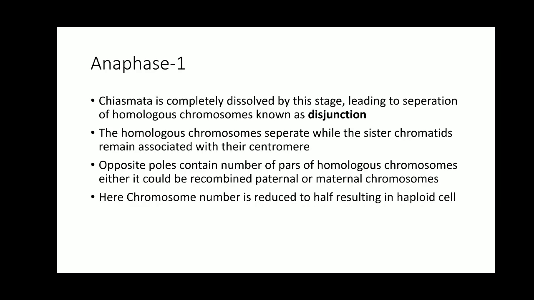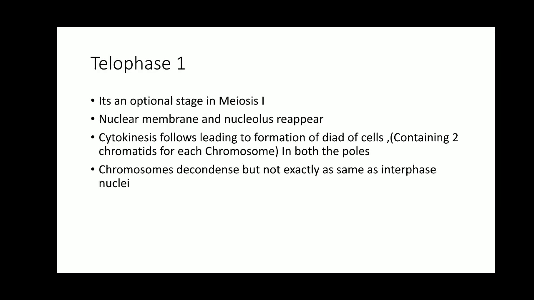So here the chromosome number is reduced to half, resulting in a haploid cell, because the chromosome is not splitting its chromatids, and chromatids are not moving to the opposite pole, but the whole chromosome itself is moved to the opposite pole, and therefore it results in a reduced chromosome number and a haploid cell.